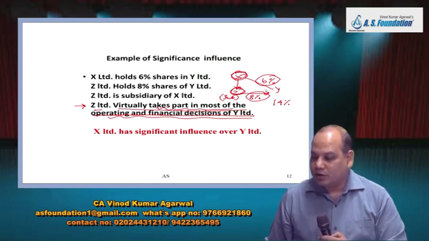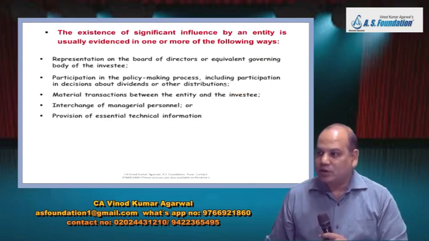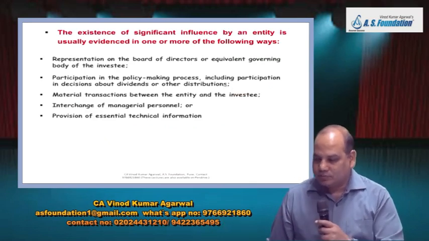Yes, Y is an associate of X because X has significant influence over Y. So in this example, even though we are holding less than 20% share, it can be proved that there is a significant influence.